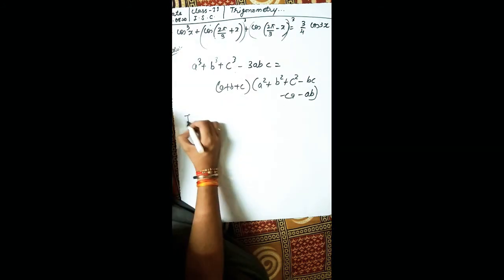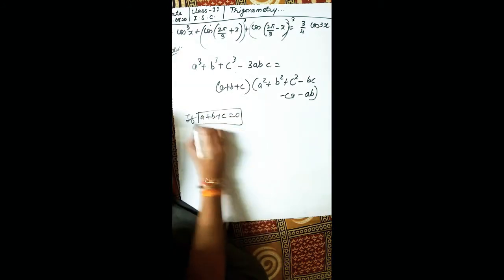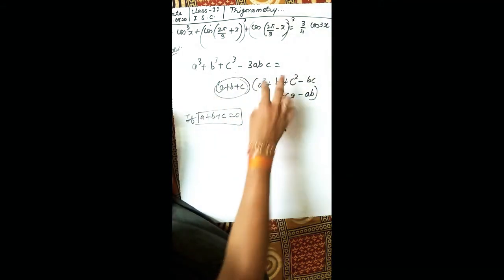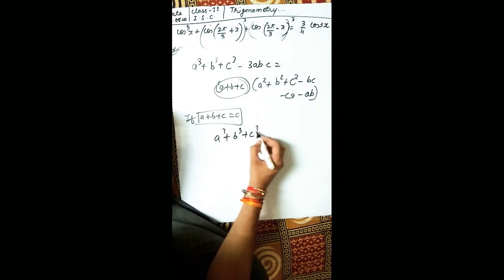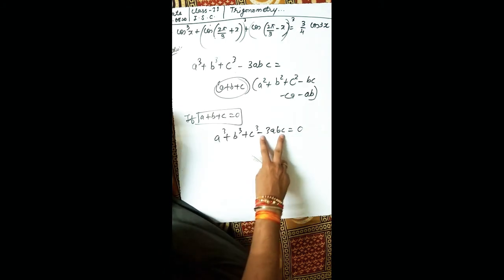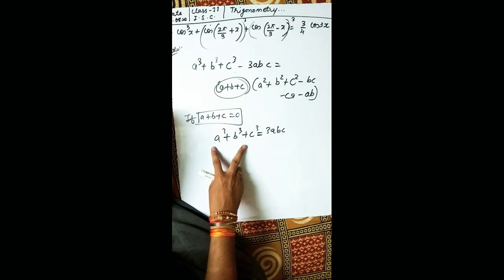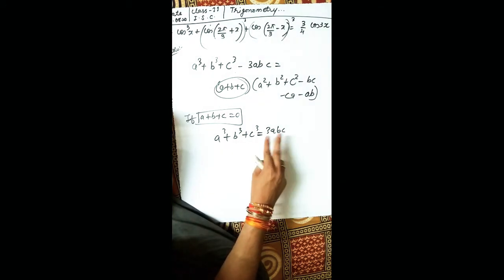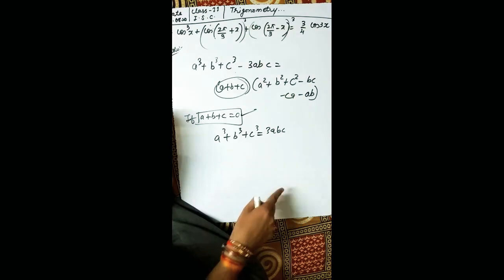Now there is one condition, that if your a plus b plus c becomes 0, that means this bracket becomes 0, then 0 multiplied by this bracket will be all 0, and finally you will get a cube plus b cube plus c cube minus 3abc equal to 0. And when you take minus 3abc that side, it will be plus. So a cube plus b cube plus c cube will be equal to 3abc, provided your a plus b plus c should be equal to 0.